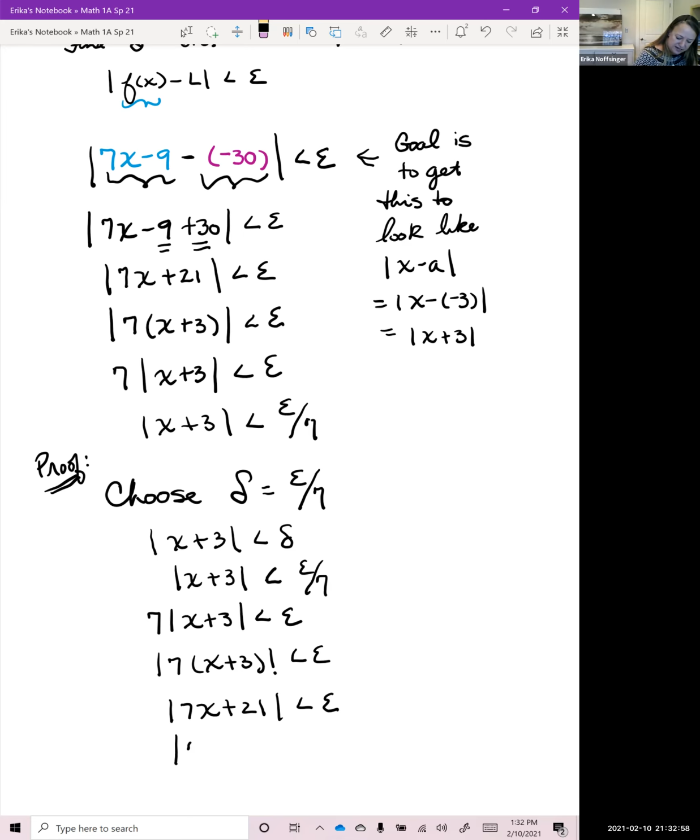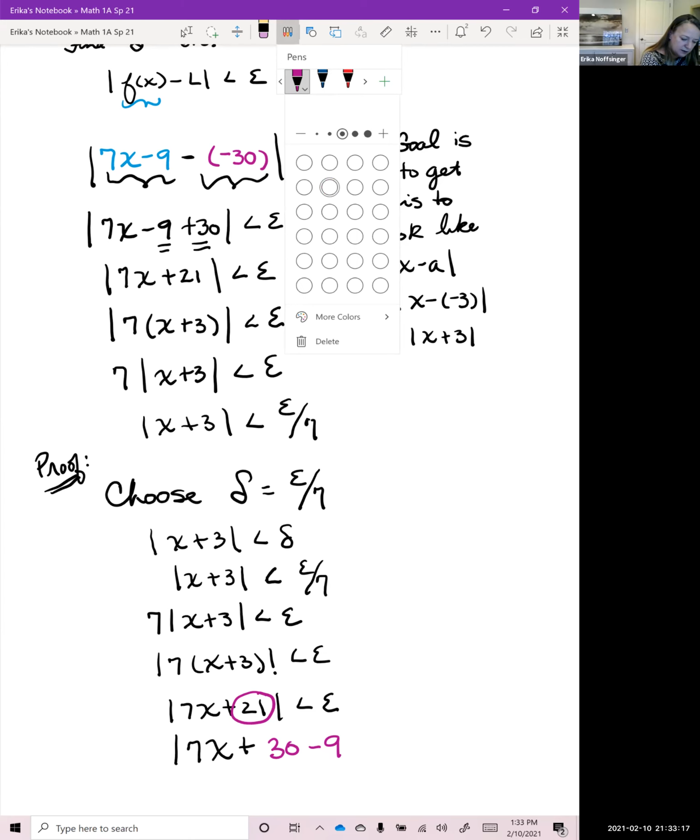So instead of writing 21, I'm going to write 7x plus 30 minus 9, just for now, and I'll rewrite the order in a second.